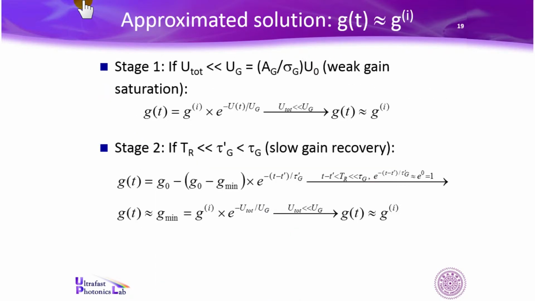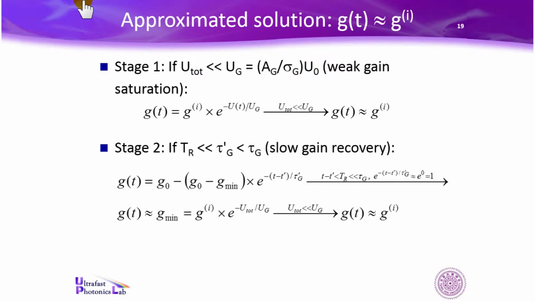And in that case, TR is also much less than tau g, so the numerator is much smaller than the denominator. So this is a number much smaller than 1, close to 0. And e to the 0 is 1, constant 1. So if you do that, this is 1, you got G0 minus G0 plus G minima. So you got this result.